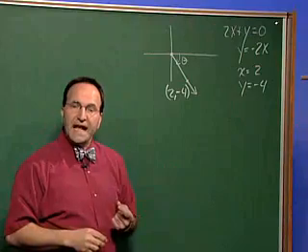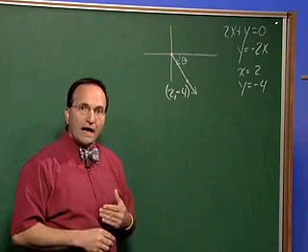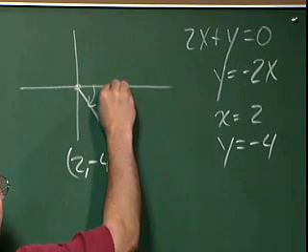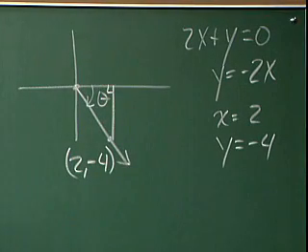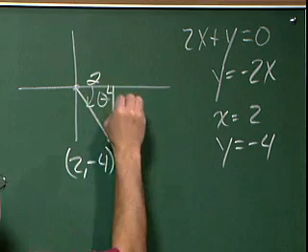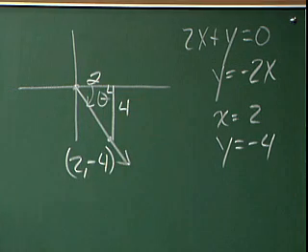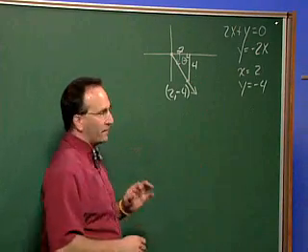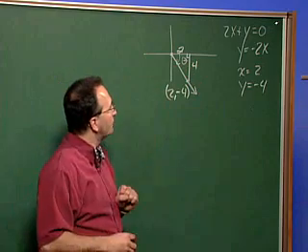Well, if that's the case, then I can draw a triangle by dropping this perpendicular, and I now know that this would be equal to 2, and that length would be equal to 4. The actual coordinate is negative 4, but the length of that side is 4.